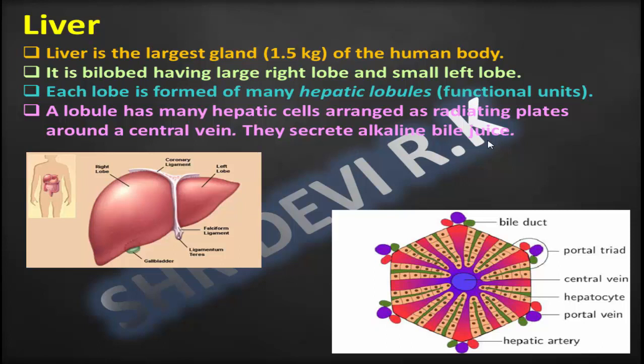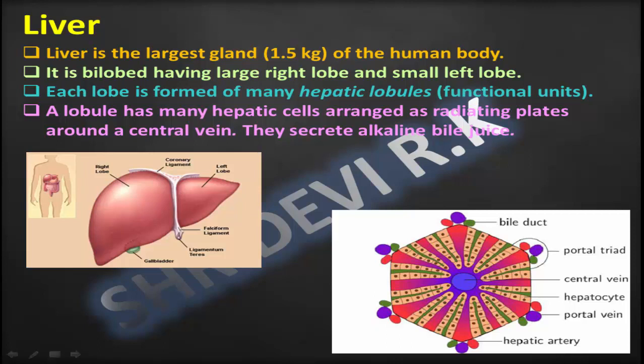Therefore, the secretion of the liver is called bile juice, and it is alkaline in nature. The only highly acidic secretion of the digestive glands is gastric juice, because gastric juice contains HCl, and due to the presence of HCl it is highly acidic in nature.